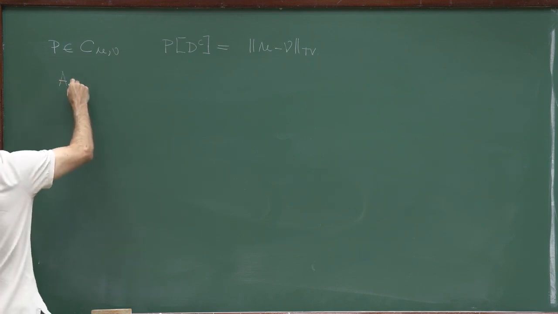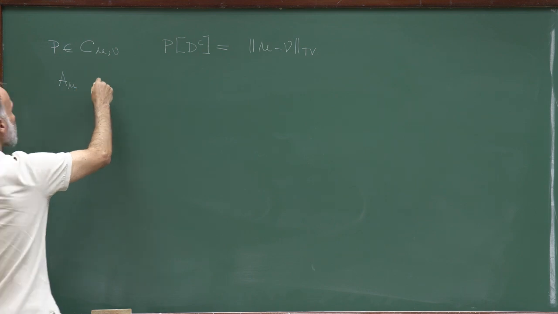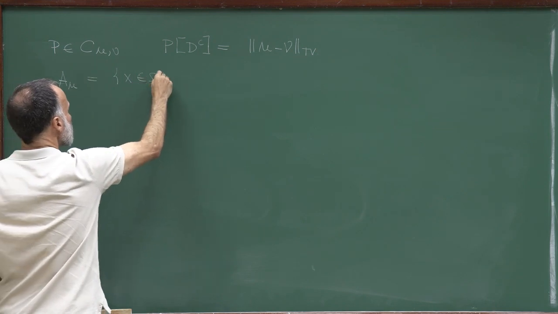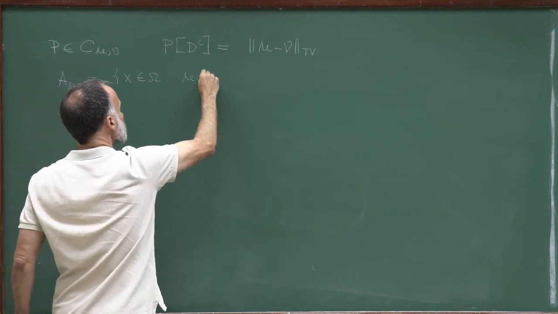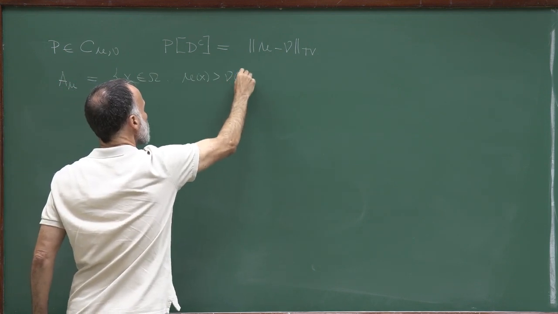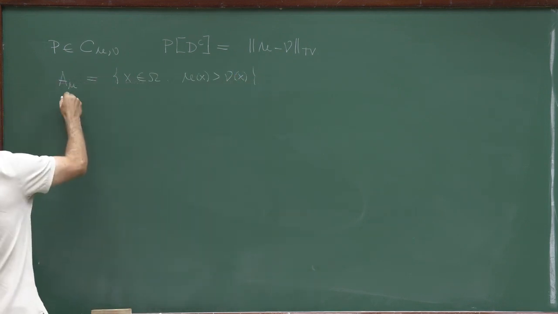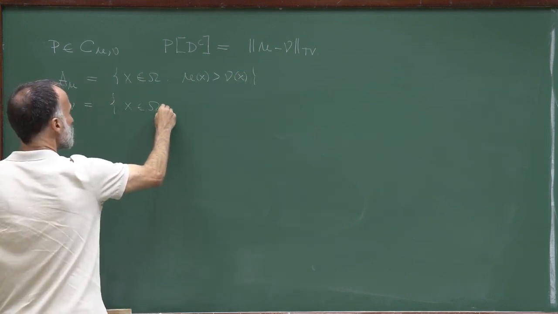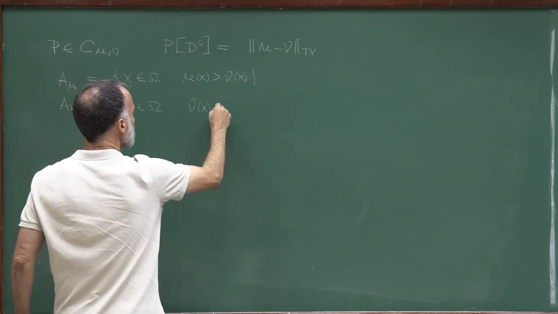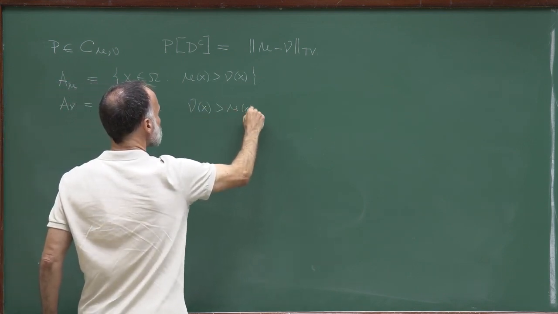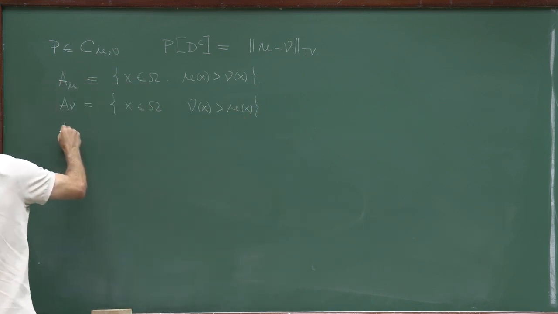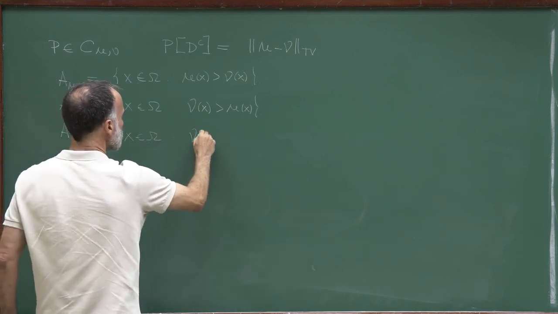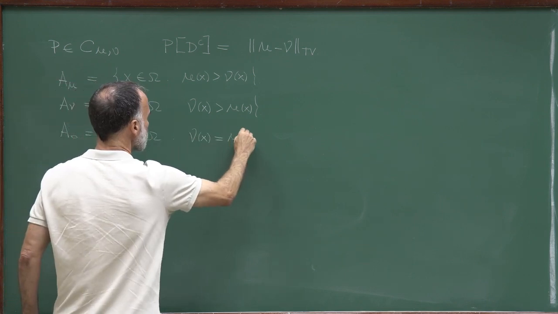So let me call A mu the subset of omega of the points x in omega such that mu of x is strictly larger than nu of x. And in the same way, A nu will be the set of points x in omega such that nu of x is strictly larger than mu of x. And A0 are the other points, so the points at which mu of x is equal to nu of x.